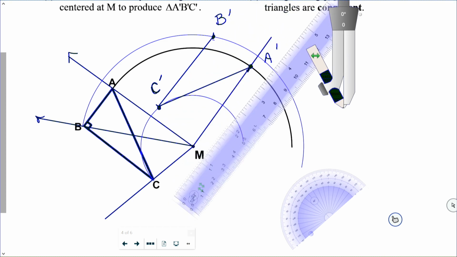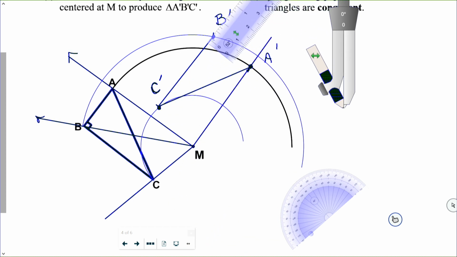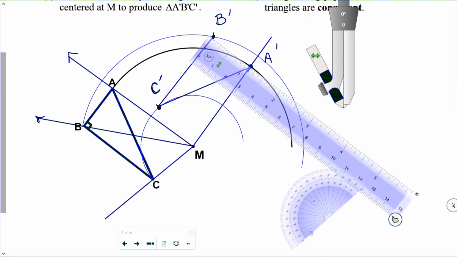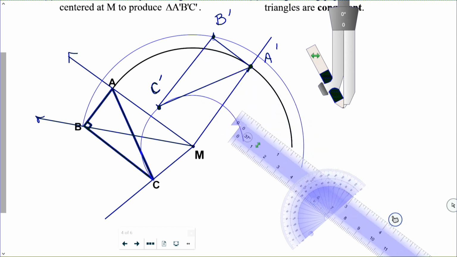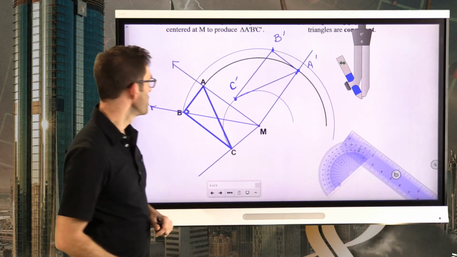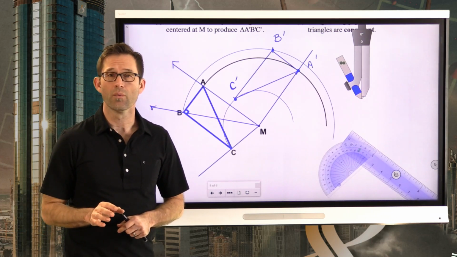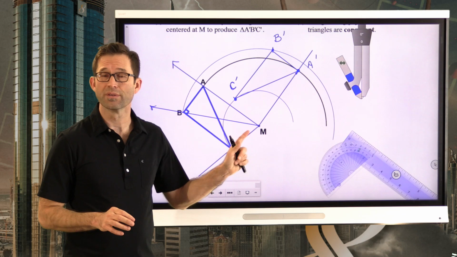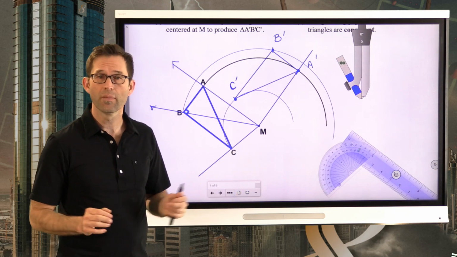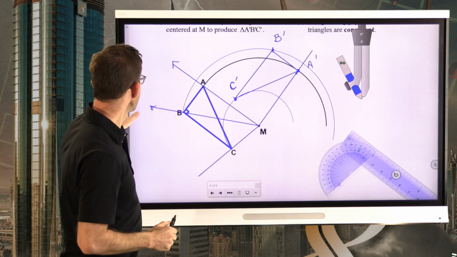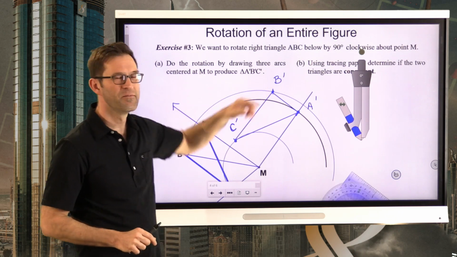Here. And here. All right. And there's triangle A prime, B prime, C prime. It may not exactly look like what you'd think it would when you rotate it 90 degrees clockwise about point M, but it is.